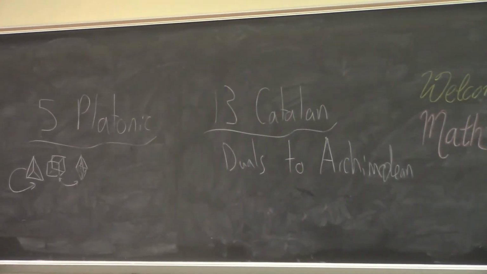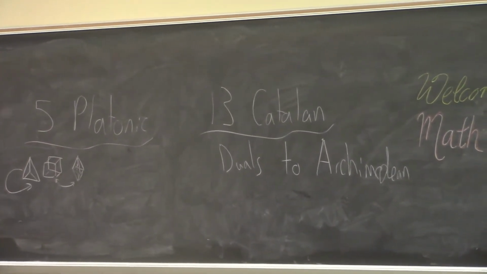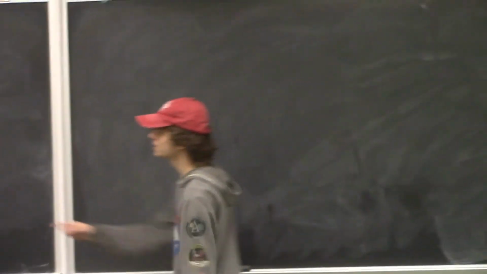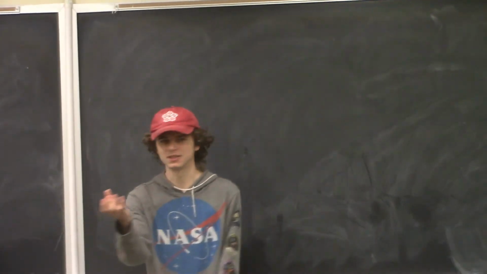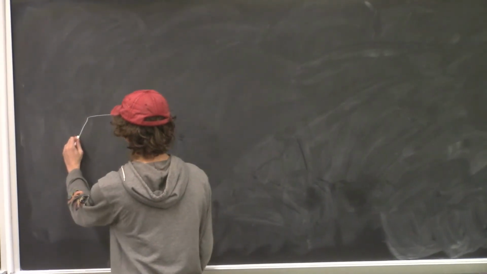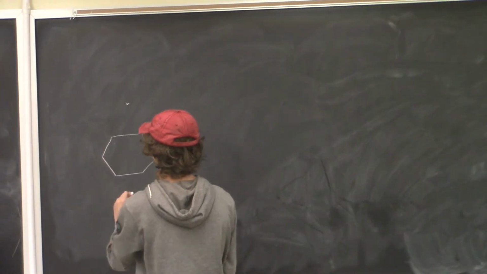And then there's 2 infinite families. The bipyramids, you've already seen one. It's the octahedron. You take 2 square pyramids. But in general, you take some shape, put a point here and a point here.